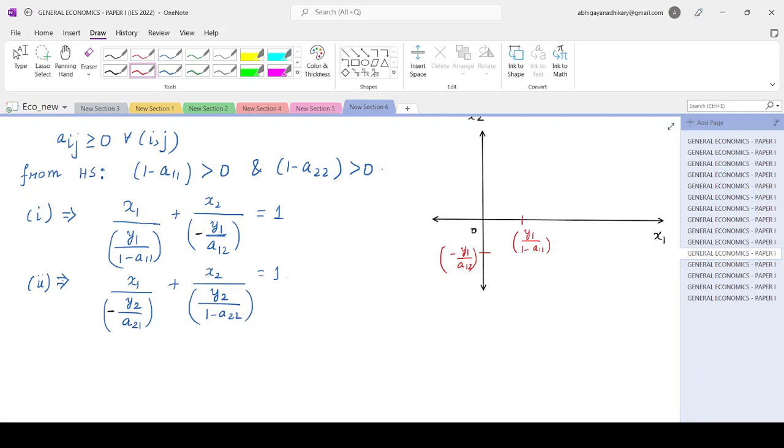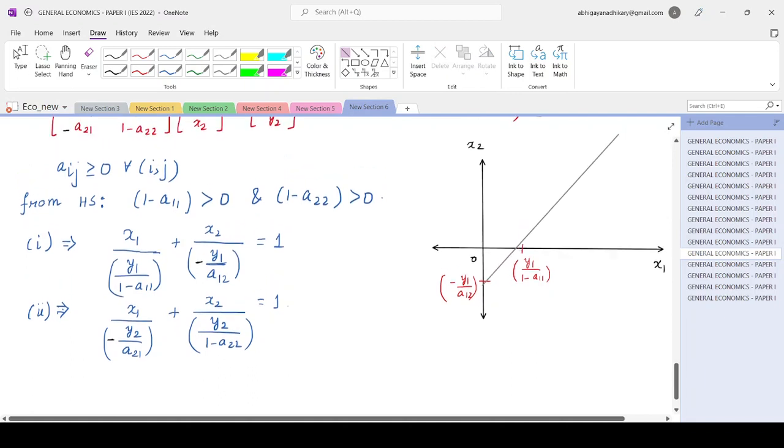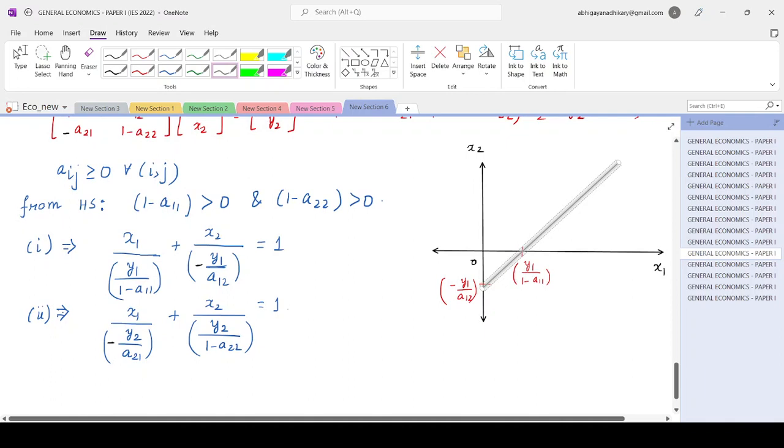So how will the line look in space? Yeah, something like this. This is your equation 1.